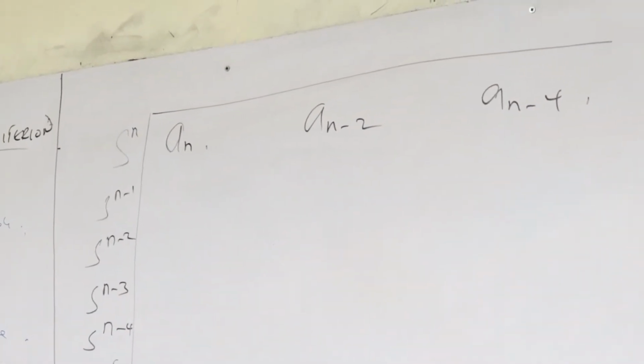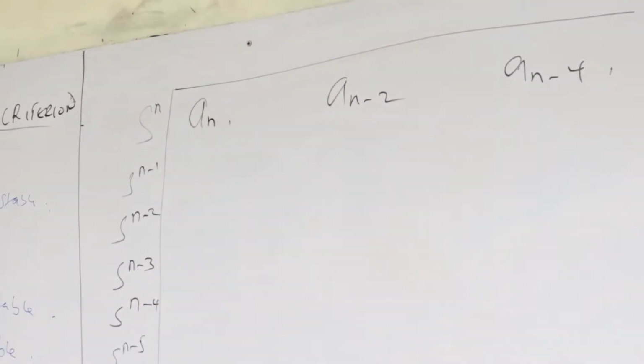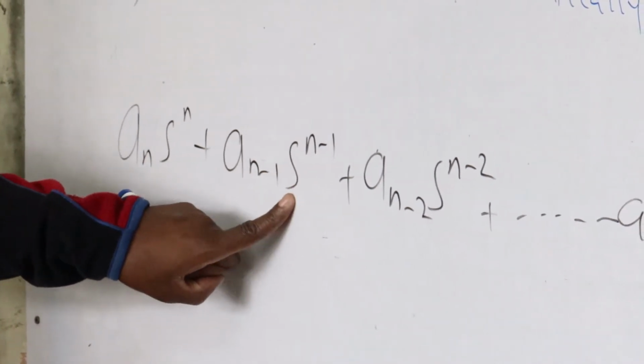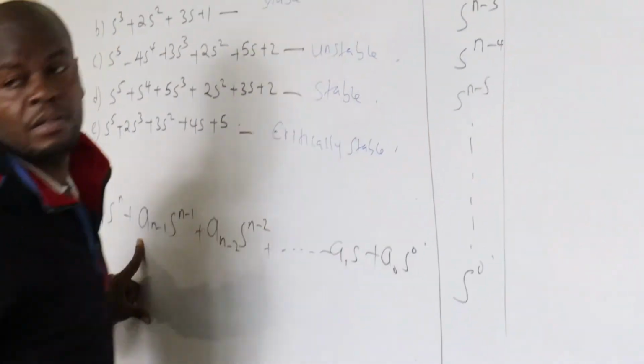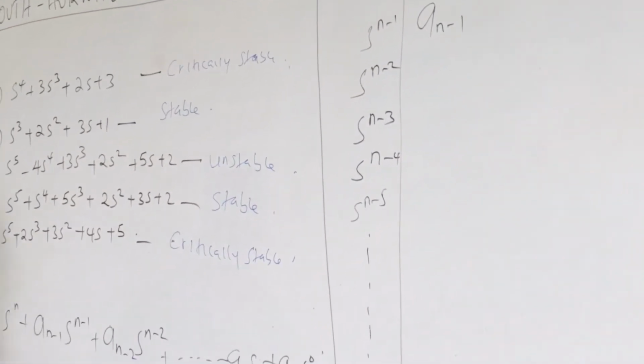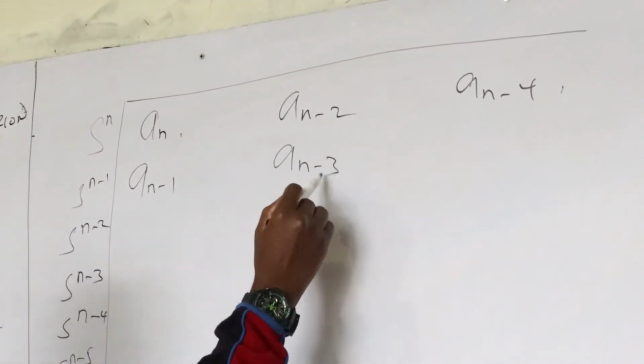Is that okay? So take this. And then you can see the next one is the coefficient for s^(n-1). So we come here and write a_(n-1). We jump n minus 2. We go to a_(n-3). We jump the next.